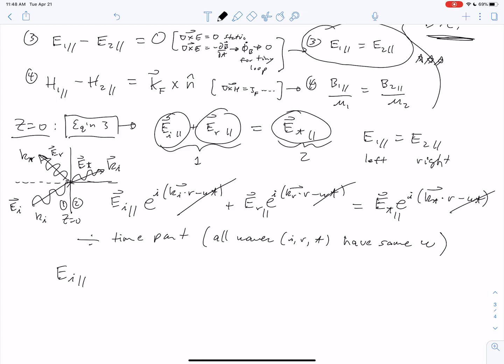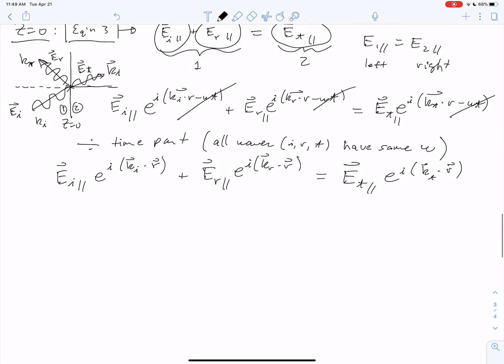E incident parallel times e to the i ki dot r, plus the reflected parallel component, e to the i k reflected dot r, is equal to the transmitted parallel component, e to the i k transmitted dot r. This is a really important equation. This has to be true.